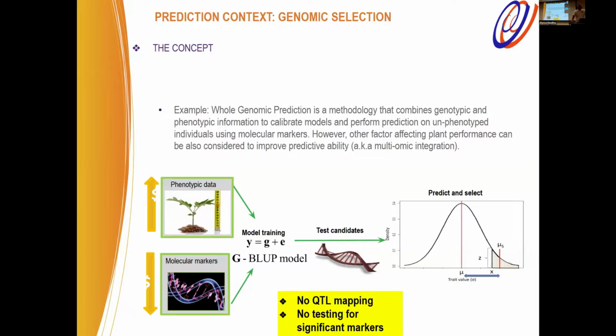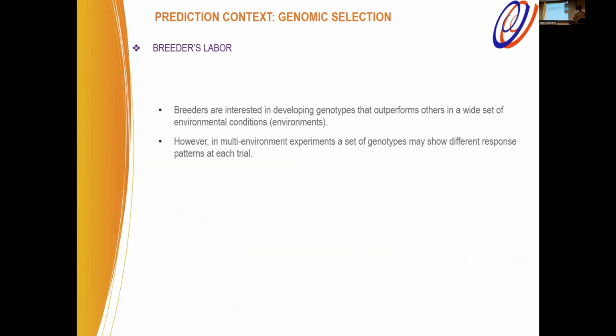In theory, the breeders should be open to accept those and use these results to improve the way they are selecting the genotypes. But we know that in reality, this is way more complex. Like I said, the concept is very easy to understand, but actually it's very difficult to implement, especially because the breeders are interested in developing genotypes that perform as elite varieties in a wide range of environmental conditions.